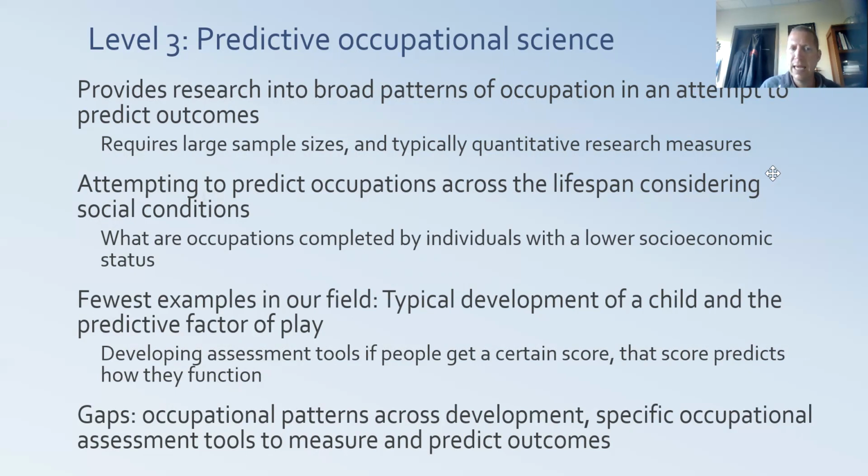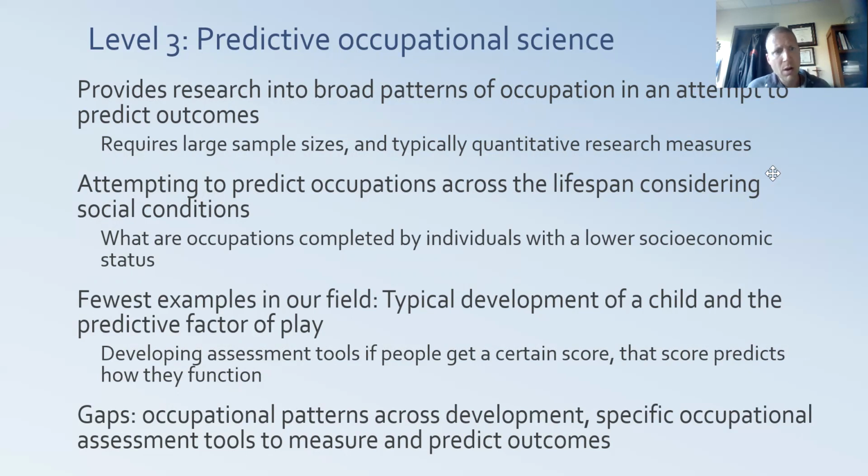It would be great if we could attempt to predict occupations across the lifespan, considering some of those social conditions. So what are occupations completed by individuals with lower socioeconomic status, for example?